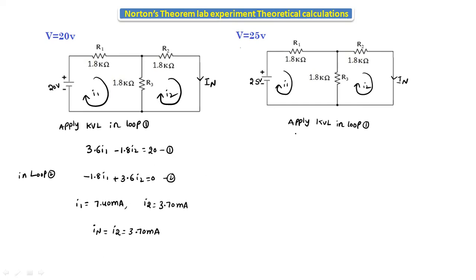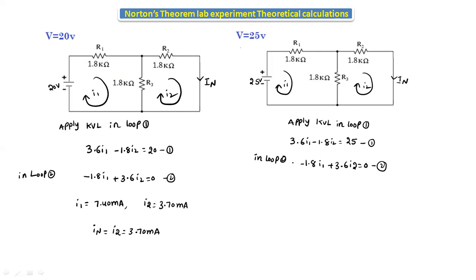Apply KVL in loop 1. We will get 3.6 into I1 minus 1.8 into I2 is equal to 25. This is equation number 1. If we apply KVL in loop 2, we will get minus 1.8 into I1 plus 3.6 into I2 is equal to 0. This is equation number 2.